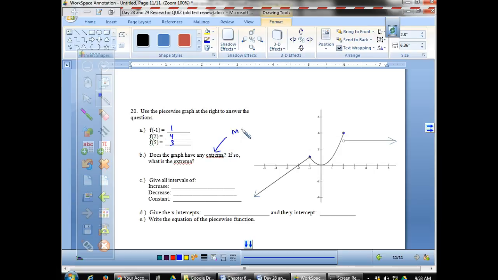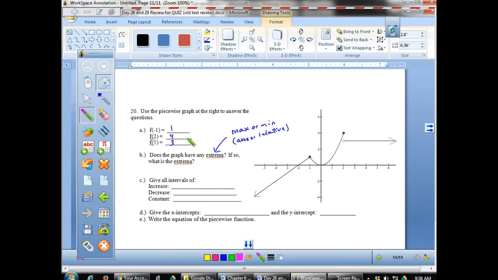Extrema are just going to be max or min values, and they're going to be either absolute or relative. So you're looking for either one of those. What I have here is I come up here, I have a relative max, kind of traveling along, I have a relative min, and then when I go up here, I have an absolute max.